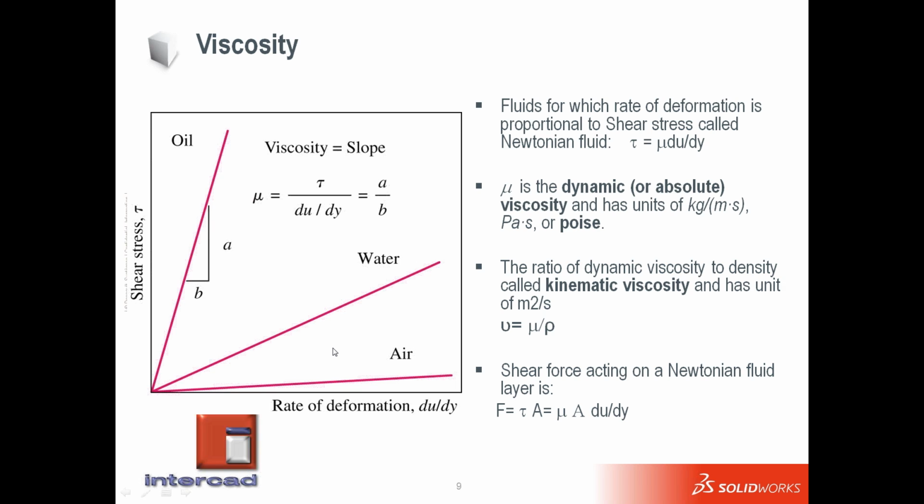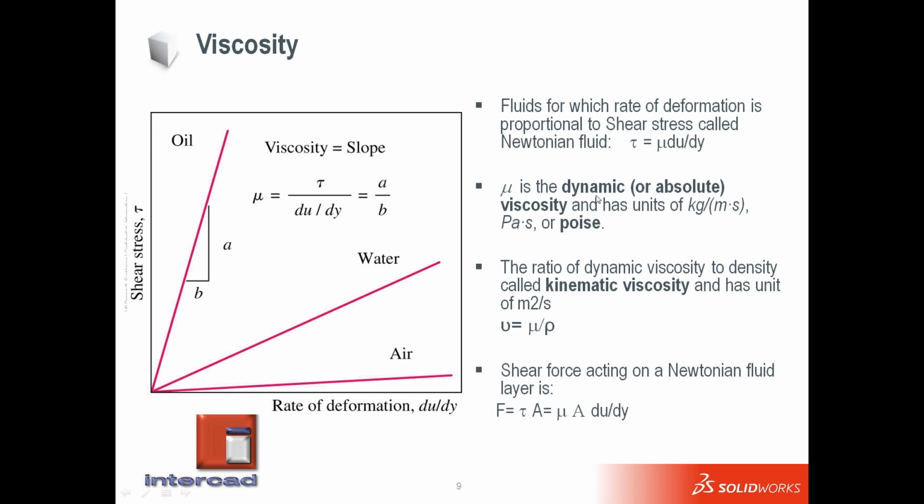That can also be explained here, where viscosity is defined as the ratio between shear stress and rate of deformation. High viscous fluids such as oil have a very high slope, and low viscous fluids such as air have a very low slope.